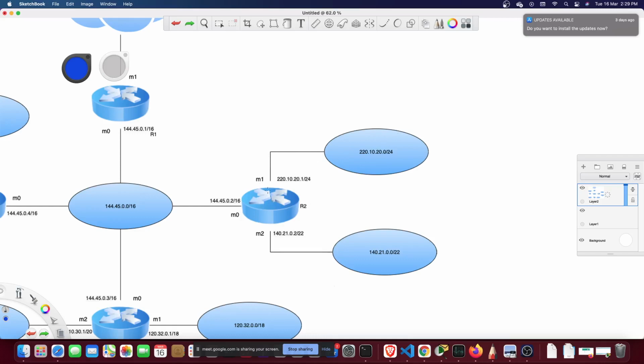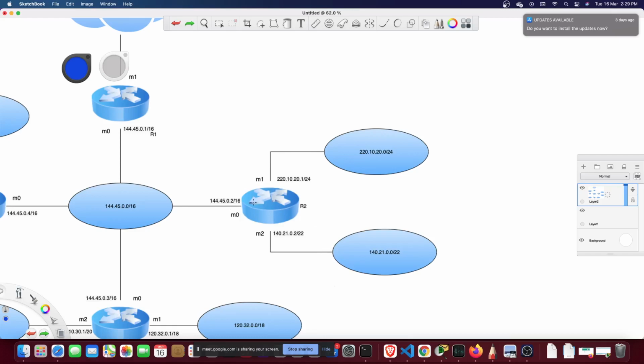You will have only one wire leading to this network from this router. But how are all these different computers connected here? Using a switch, right? So this wire leads to the switch, and the switch will provide ports, and to the switch all those different computers will be connected. So here this router is bridging how many networks?